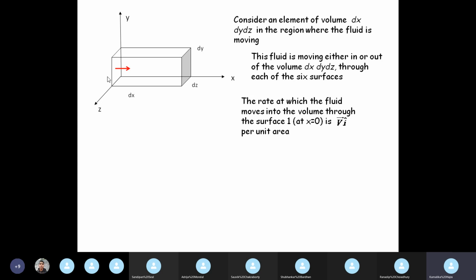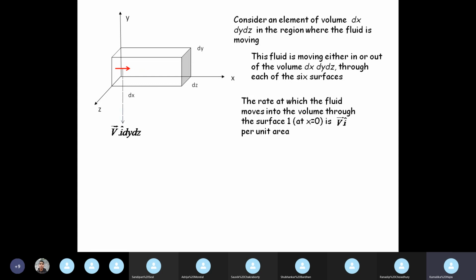Can someone tell me what is the normal to this surface? What is the normal of this surface? I cap. I cap. So V dot n cap we can write as V dot I cap. Okay, per unit time, per unit area. So that is the amount of fluid entering this element through the surface at x equal to 0.